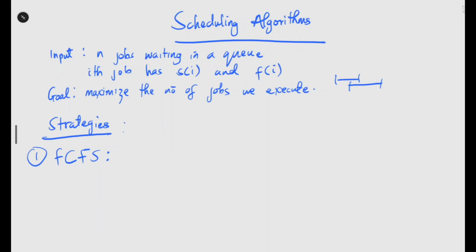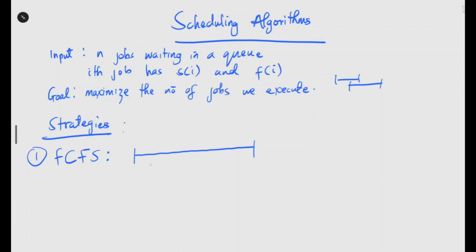But I have a question. There's something we should think about. Supposing we say we should execute using the first come first start strategy. What if our first job overlaps all the other jobs?